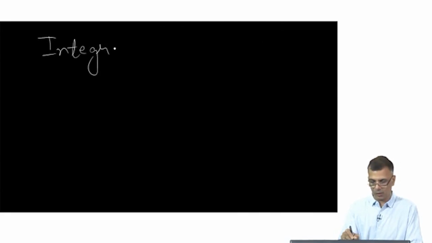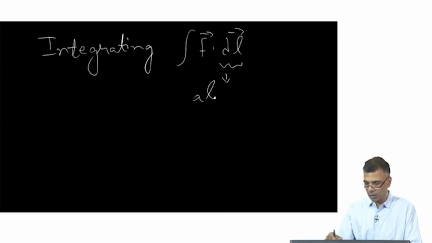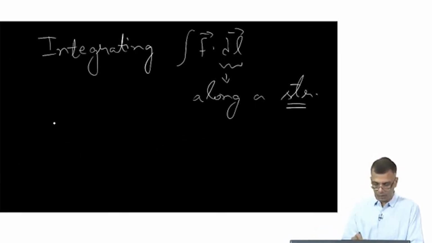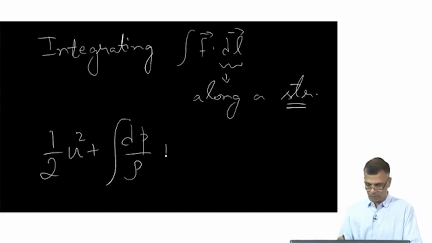I write this down again just to emphasize how important it is. And I want to write this along a streamline. Okay, we get this particular property, which is half u squared plus phi plus, let me write this down technically correctly, but I just want to emphasize that many times people just write this as p over rho.